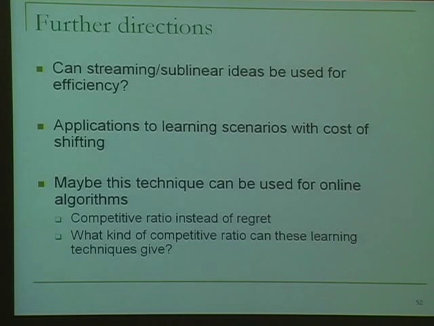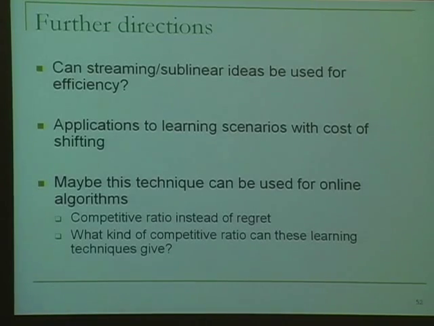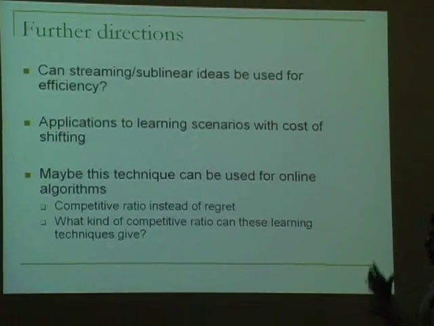And now it's completely an online algorithms problem, where you want to be competitive not with the best point or the best moving point, but rather with the best strategy overall. So can we use these techniques to get some kind of competitive ratio bound for those settings, where you incur a cost of changing your solution from one to another? It seems like a really interesting thing to do, and we're trying to work on this.